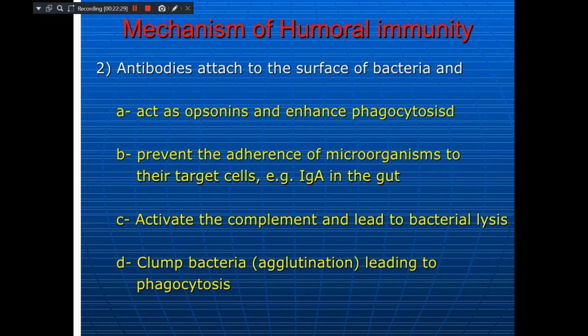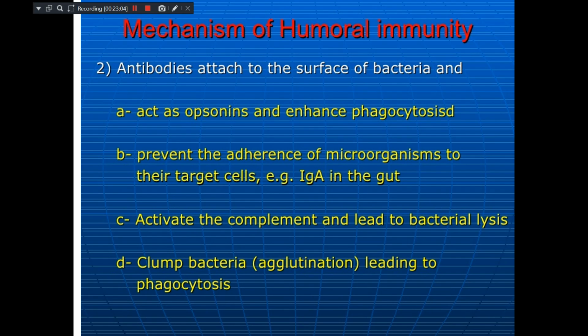When the antigen enters the body, how will antibodies fight against it? First, antibodies attach to the surface of the bacteria or any pathogen, and when they attach, they act as opsonins and enhance phagocytosis. That's a cell-eating process. First, it will try to engulf and eat the entire antigen and neutralize it.